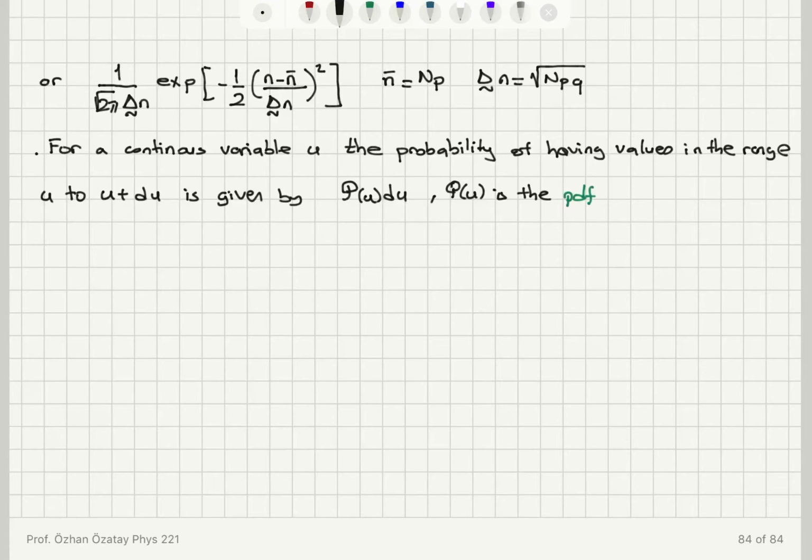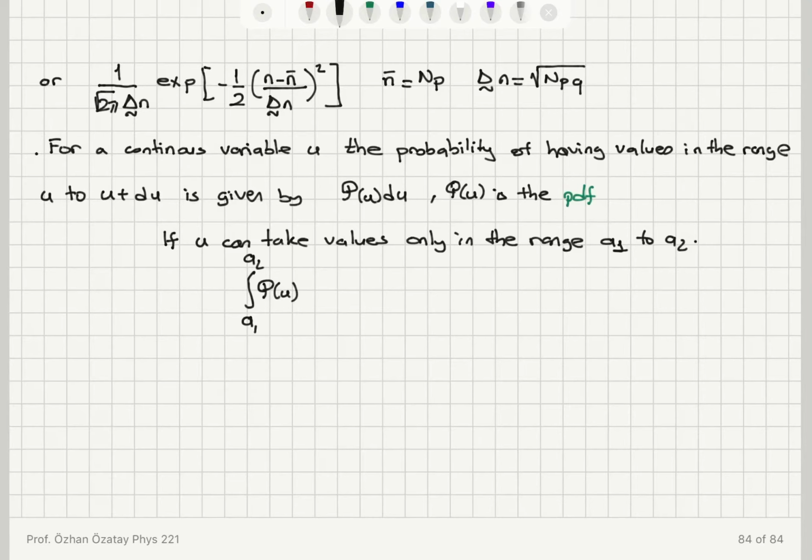So let's say that for a specific case, u can take values only in the range a1 to a2. Then if I calculate the probability of finding the u values in this range, the probability distribution function times du integrated over all possible values must be equal to 1.